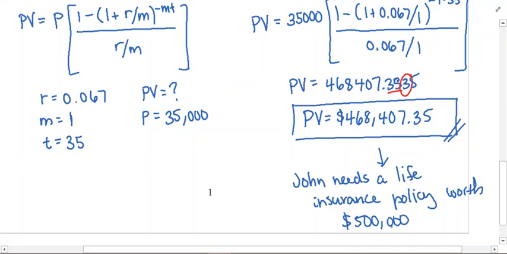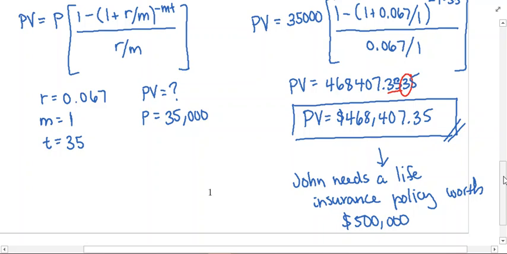So again, State Farm or whoever would hook him up with a $500,000 life insurance policy, and he pays some kind of monthly fee to have a life insurance policy worth that amount.